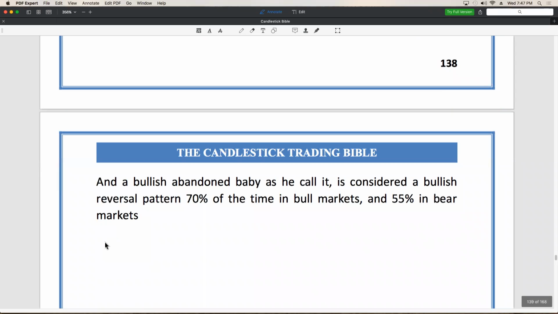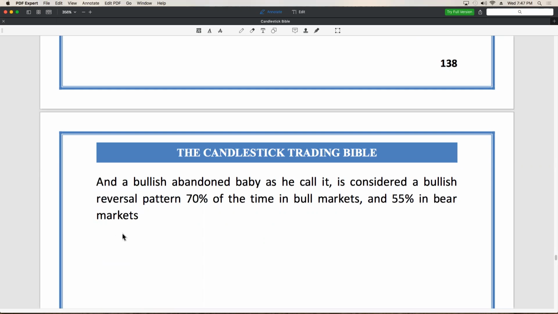And a bullish abandoned baby. God, they got some names for it. That bullish abandoned baby, as he calls it, is considered a bullish reversal pattern 70% of the time in bull markets and 55% of the time in bear markets.